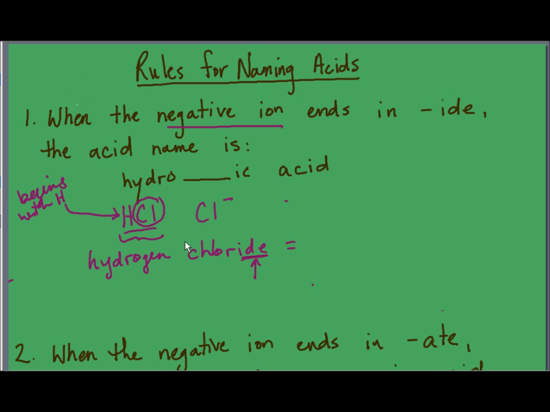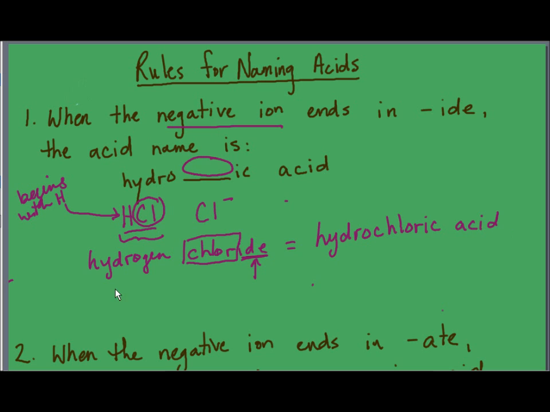We take the chlor part and insert it into the blank. So this acid's name is hydrochloric acid.